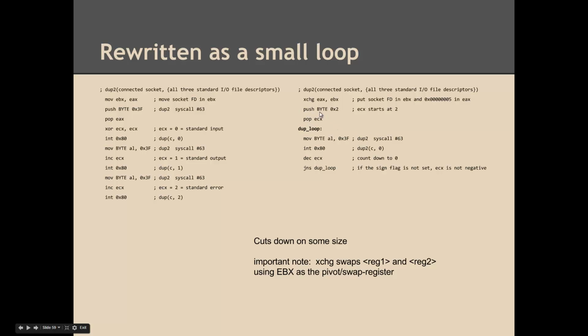So as for ECX, instead of starting with 0 and then 1 and then 2, there are a lot of conditional jumps on whether or not something is equal to 0, or whether or not something is not negative or not signed, etc. By starting at 2, we can take advantage of those features to make this a little bit more concise.